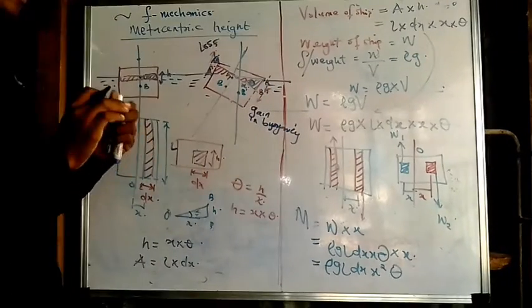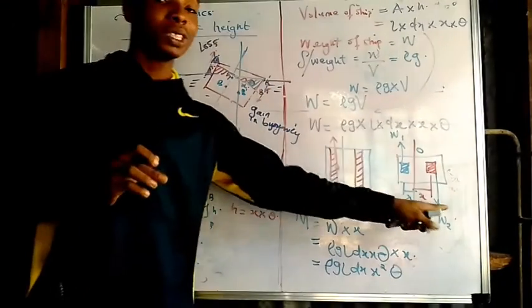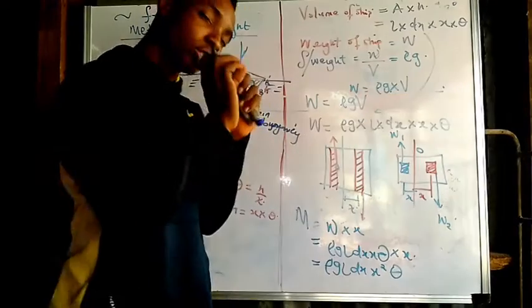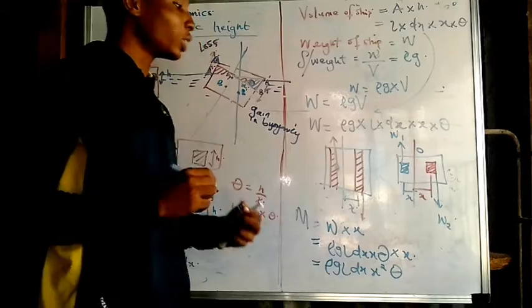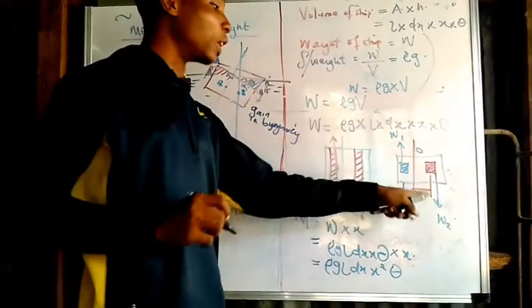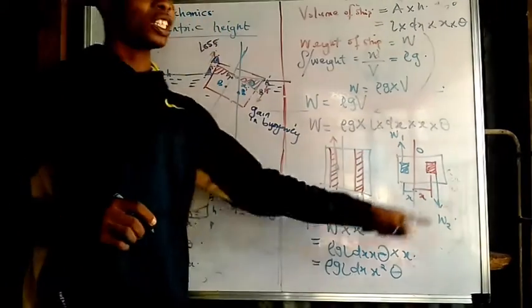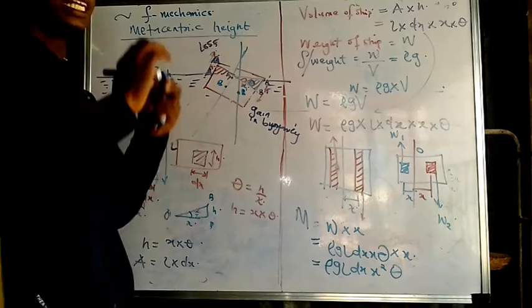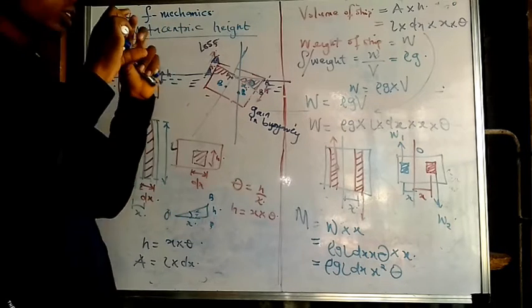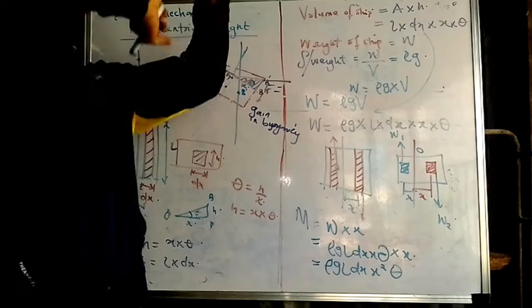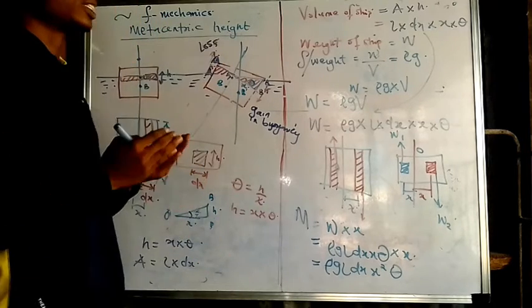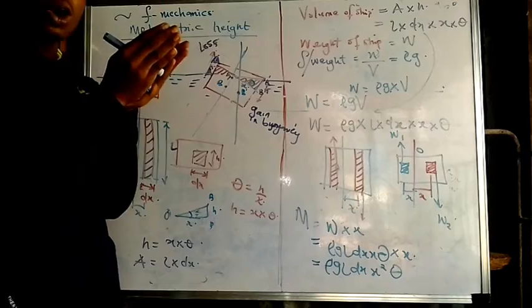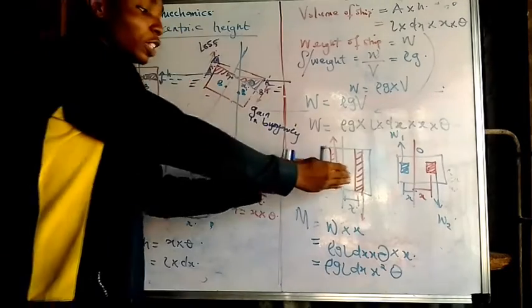Now this is the moment created by the weight of this small strip about the center of the rectangle. So taking moment of the weight of any strip here about the center of the rectangle, this is what we have. Since we are considering a small portion of the rectangle, which is a strip, now let's take the moment of the whole body.